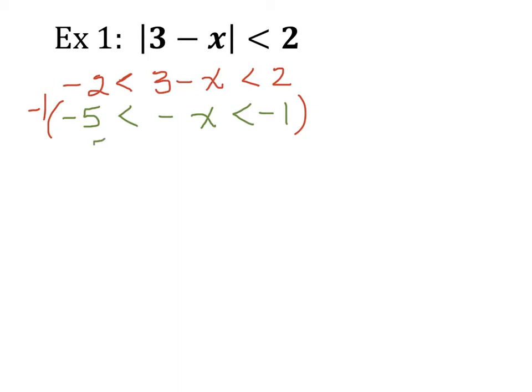So that gives us 5 greater than x greater than 1. Now I'm going to flip that over simply because I like to write it in order from left to right. So when you flip it over, flip these signs as well. And it looks like we're kind of going backwards, but we're really not.